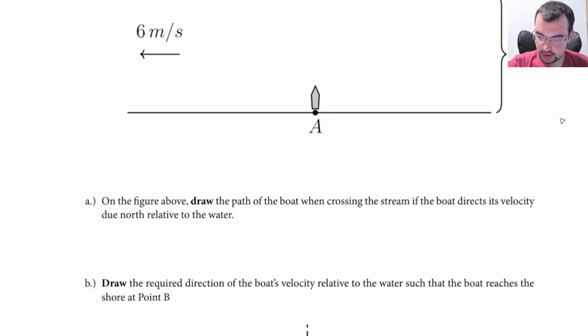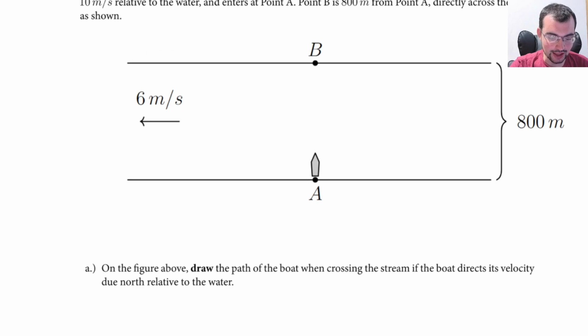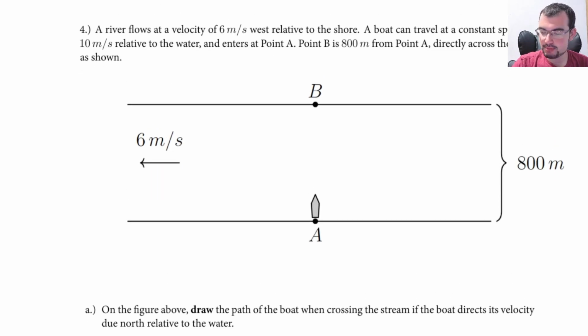So, draw the path if the boat directs its velocity due north. Because that might be your first thought. Like, I'm trying to cross the river. I want to get from A to B. So, why not just put my velocity straight north? Right? All 10 meters per second of my velocity due north. Well, that forgot to account for the fact that the river also has a velocity.